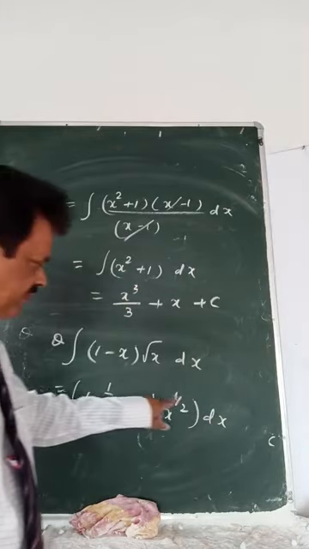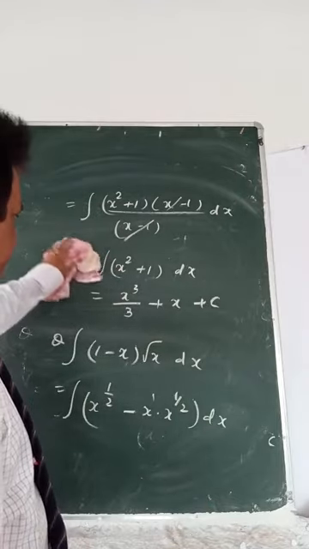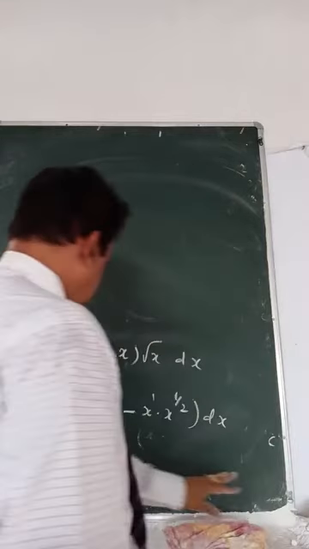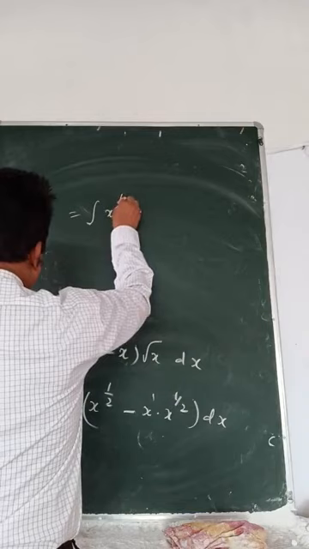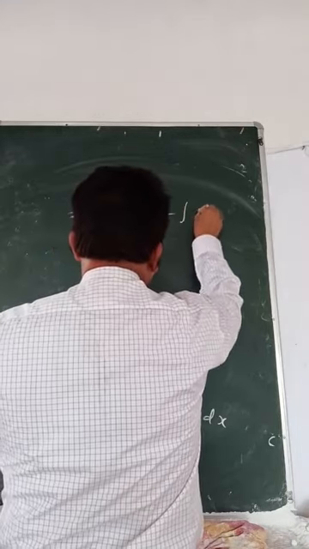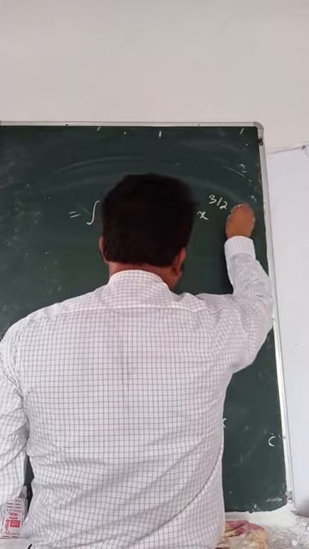So first you simplify it, then you will go for integration. The simplification is x to the power half dx minus x to the power 1 plus half, which is 3 by 2, dx.